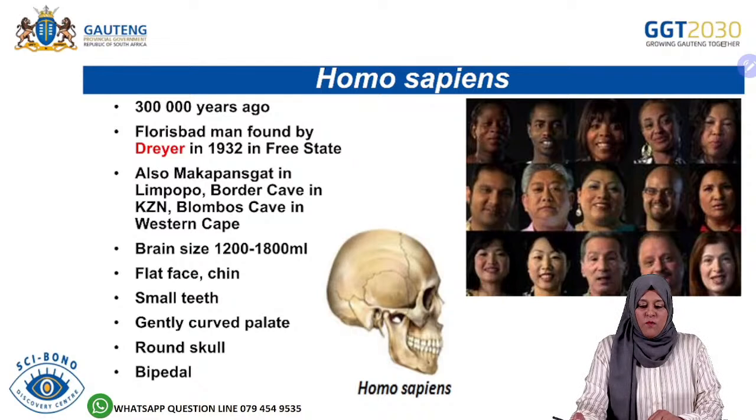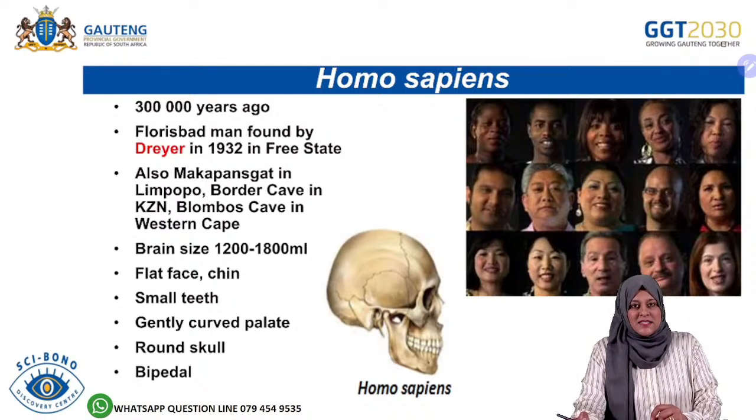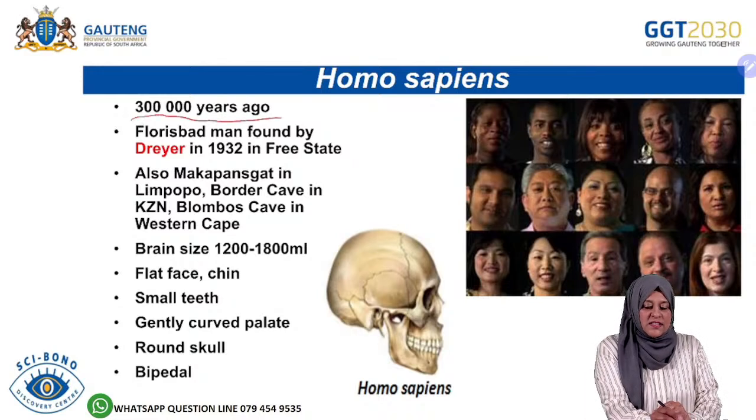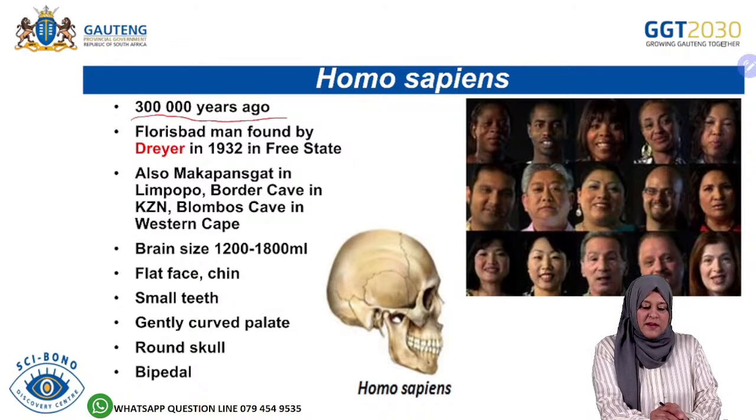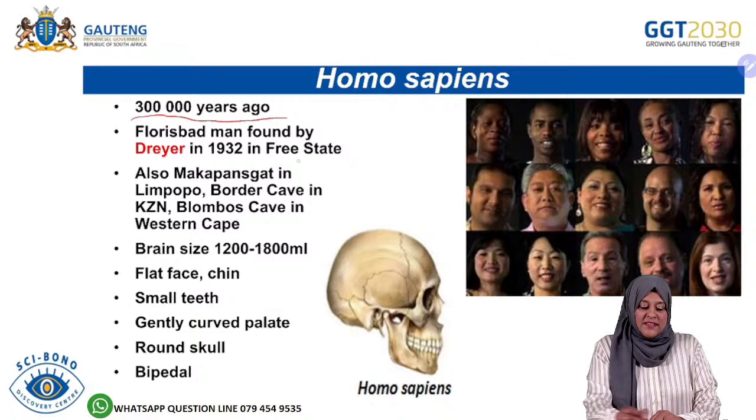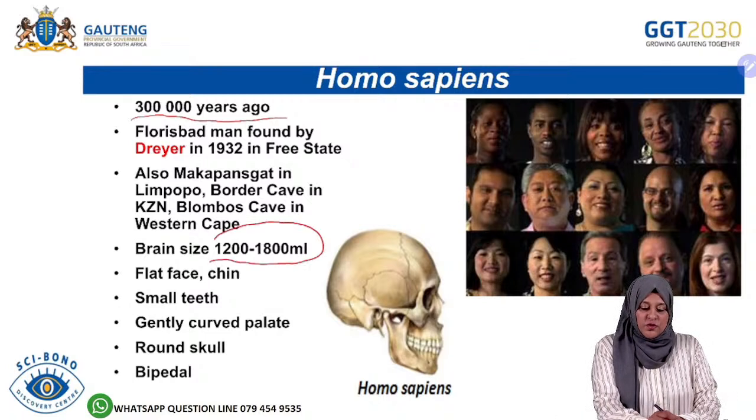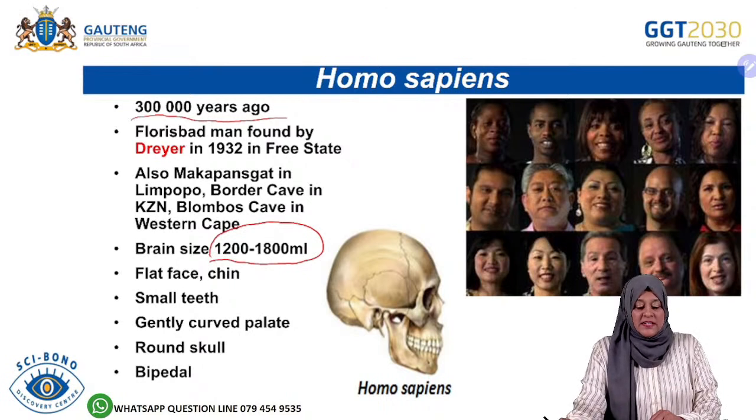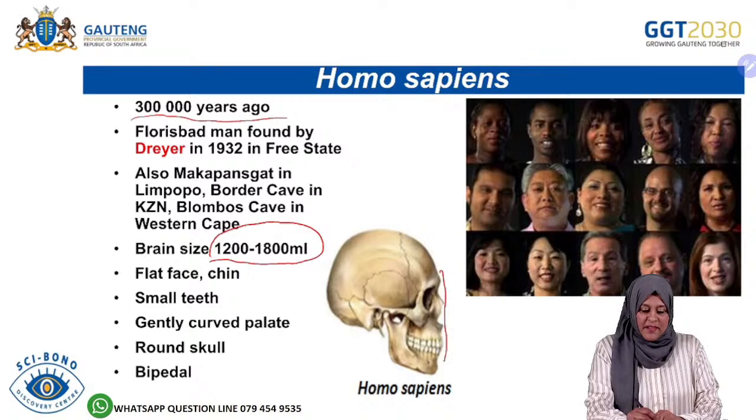And now we look at Homo sapiens. Homo sapiens are the direct ancestors of modern humans. They appeared about 300,000 years ago, and Florisbad man was found by Dreyer in 1932 in the Free State, right? The brain size was 1,200 to 1,800 milliliters or centimeters cubic. Flat face, you can see here, it's a flat face.